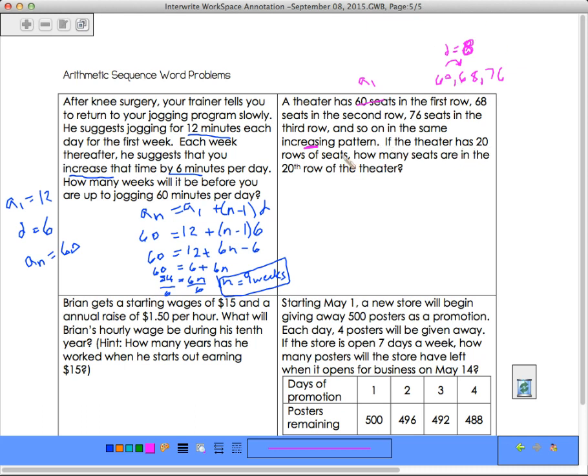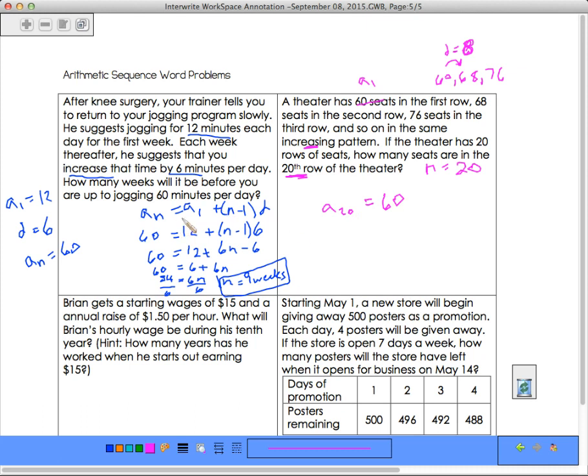If the theater has 20 rows of seats, how many seats are in the 20th row? It wants to know what is the nth term, or the 20th term. So when n equals 20. Just to know what the 20th number in this sequence would be. So we're going to go A sub 20 equals A sub 1, in this case is 60.